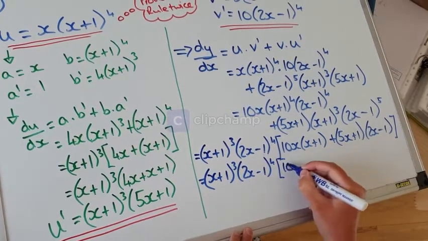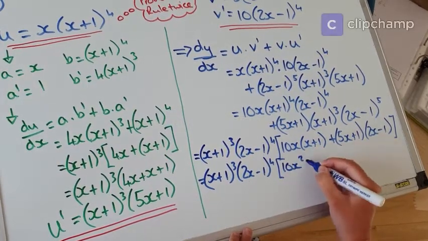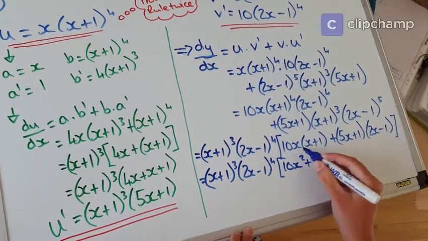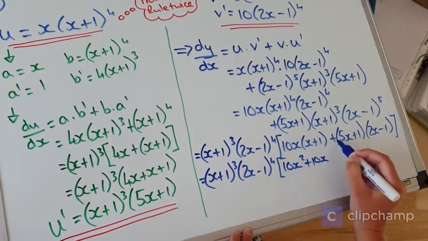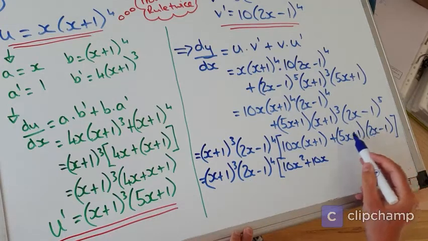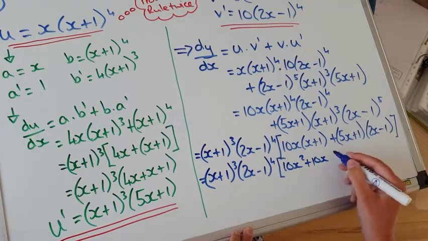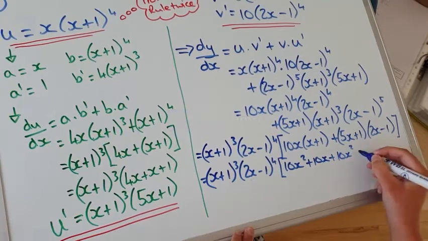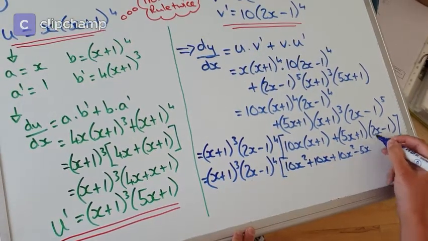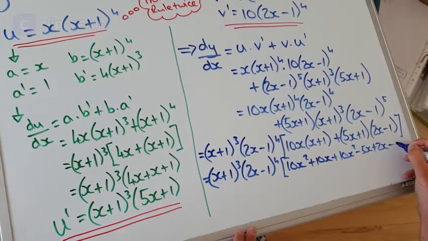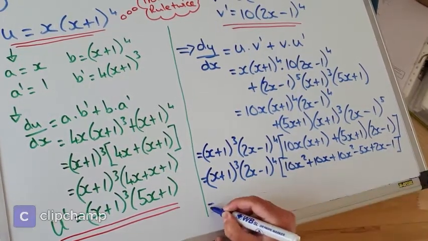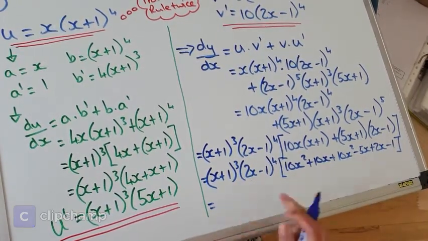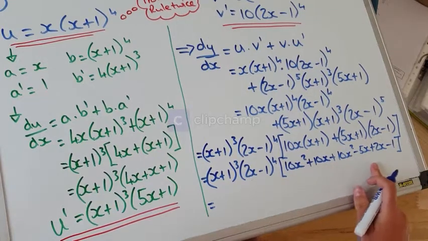I'm going to get 10x squared plus 10x, I'm multiplying those two. And then I've got a double bracket here, so I've got another 10x squared. I've got minus 5x, I've got plus 2x, and I've got minus 1. Okay, and you can see I've got some like terms which will gather together.